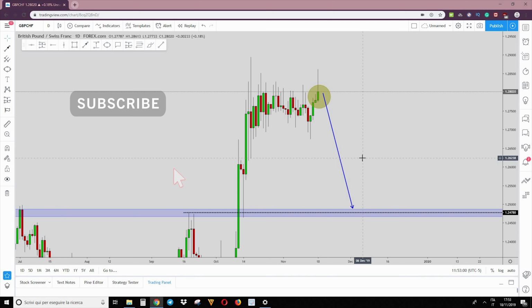But on the 4-hour time frame, there is a lot of development that needs to come from this pair before we can be looking for a valid entry, because we still need to see the environment shift from a bullish environment to a bearish environment, and we also need to see one of our valid entries before we can take the trade, because as we said many times, trading is reactive and not predictive. You always need to see all the rules of your strategy to be satisfied before you can be looking for an entry.